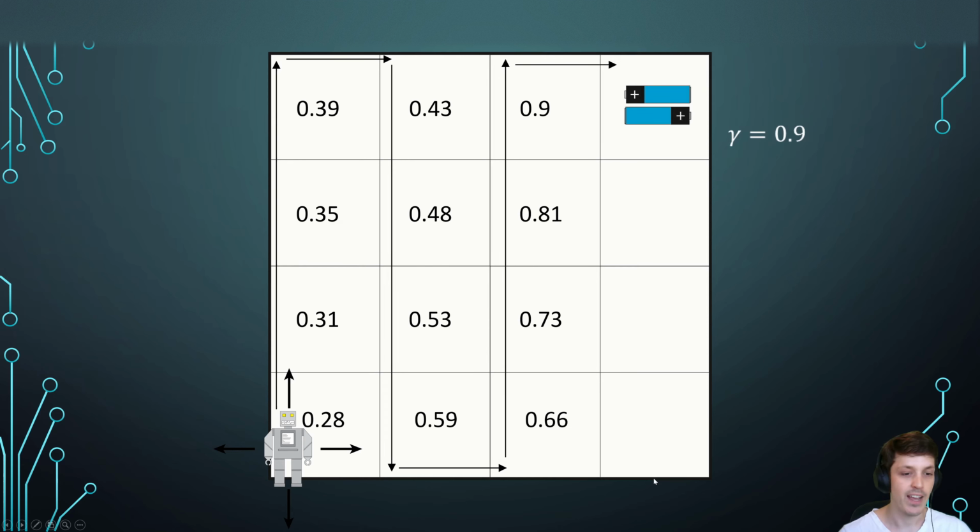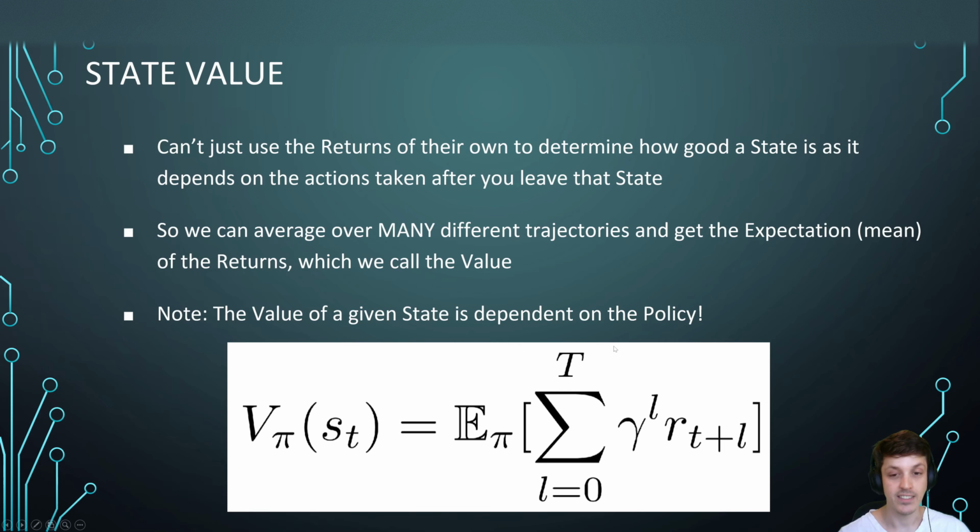But if you had a different agent which always went up and then to the right, and that was your policy, which is a valid policy, then you could do that 1,000 times, and the value that you get for each state is going to be very different. So I'm just pointing out that the value you get for each state is dependent on the decision-making policy that you have.